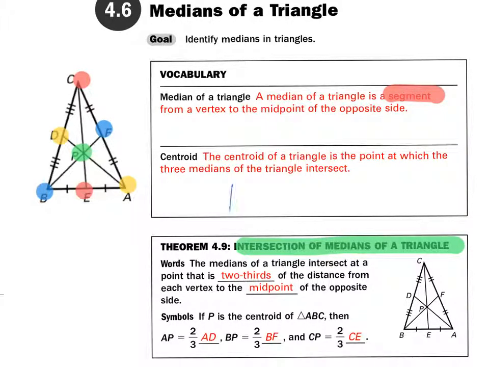If you look at its location, you notice that P is about 2/3 of the way on all three medians from the vertex. In other words, BP is 2/3 of BF, AP is 2/3 of AD, and CP is 2/3 of CE. So that's our intersection of medians of a triangle theorem.